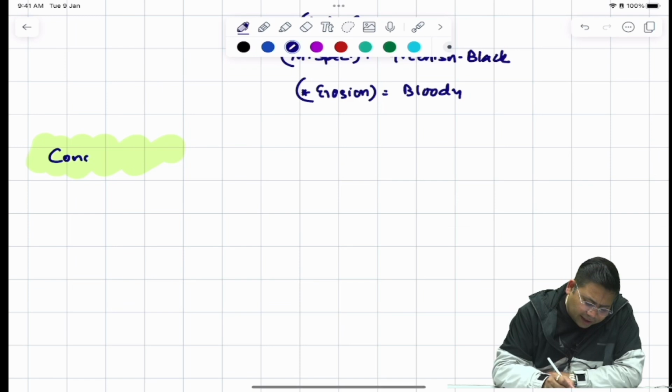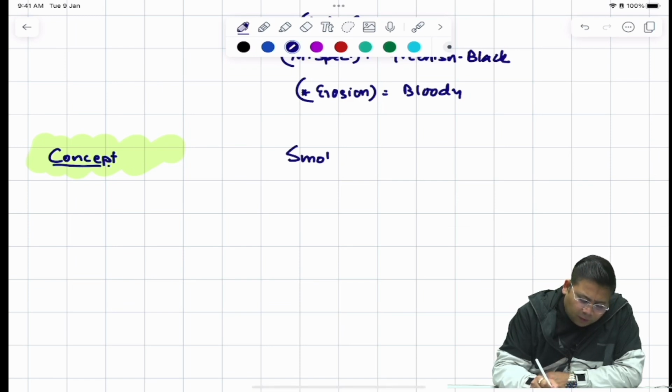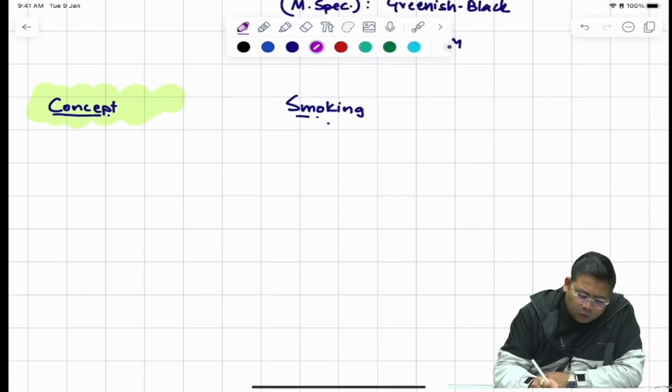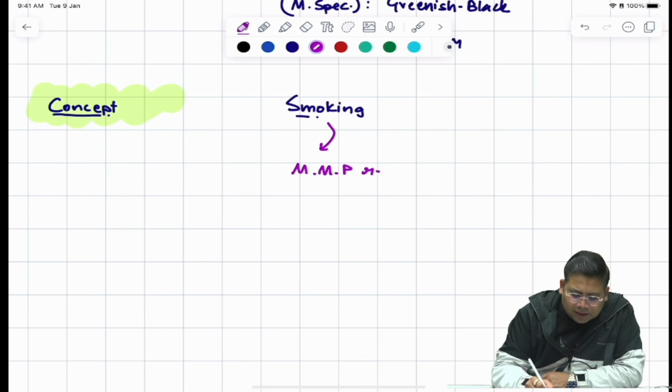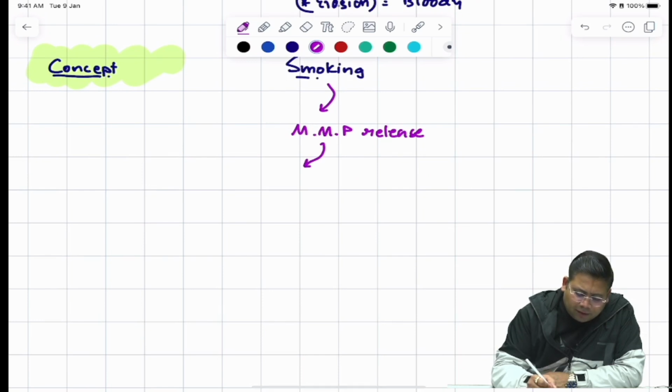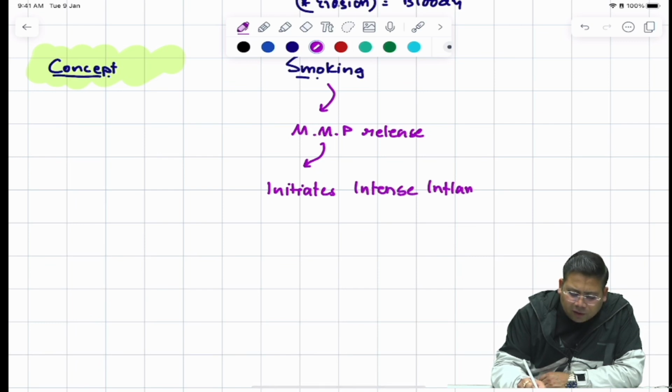And let us take an example in context with smoking. So when we talk about smoking, it is very, very common to understand that smoke releases lethal MMP. So what is MMP? Matrix metalloproteinase. And this matrix metalloproteinase initiates intense inflammation. And where does it initiate the intense inflammation?